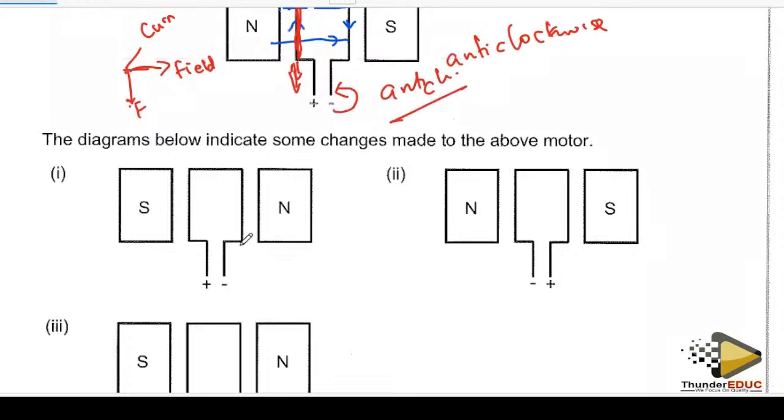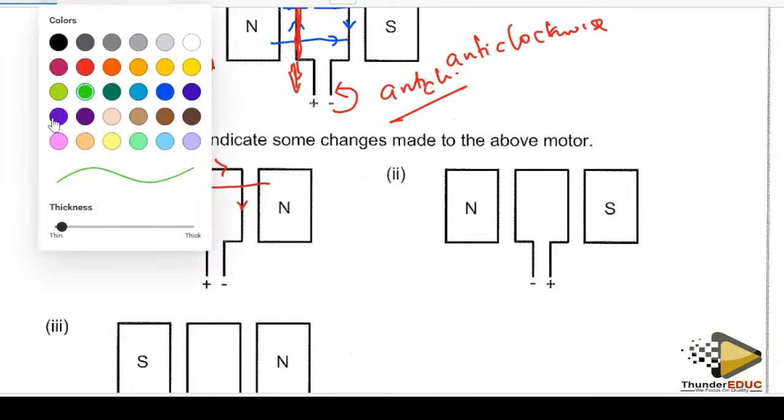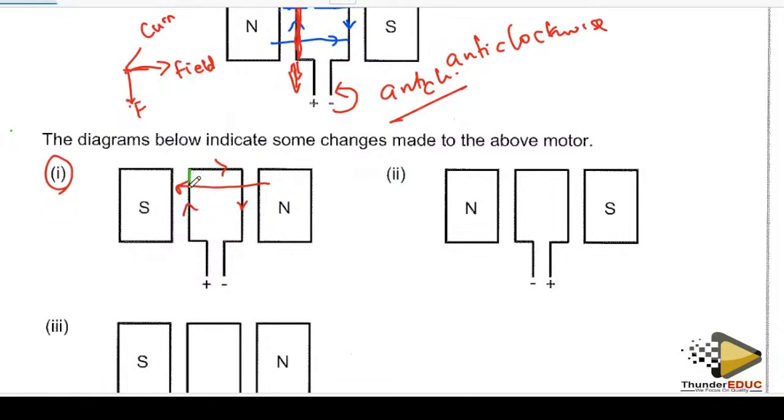Let's see diagram number 1. Current is moving in the same direction, but what is being changed is the polarity of the magnets, so now the field will be moving in that sort of direction. I'll still just look at this side alone.